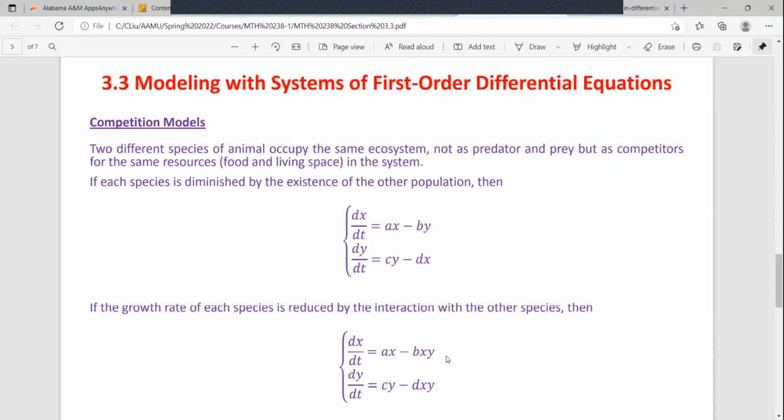So they both share natural resources, but at the same time they have some conflicts between the two species.